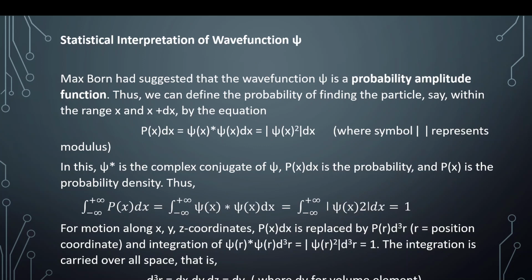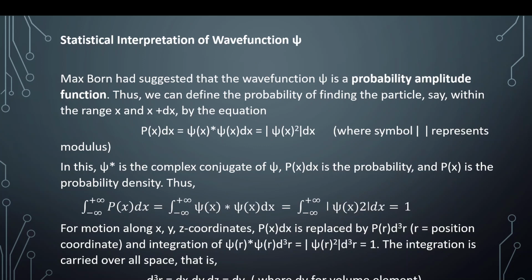Thus, integration between limits minus to plus infinity of P(x) dx equal to integration between the same limits of psi(x) star psi(x) dx, or we can say mod psi(x) squared dx equal to 1.